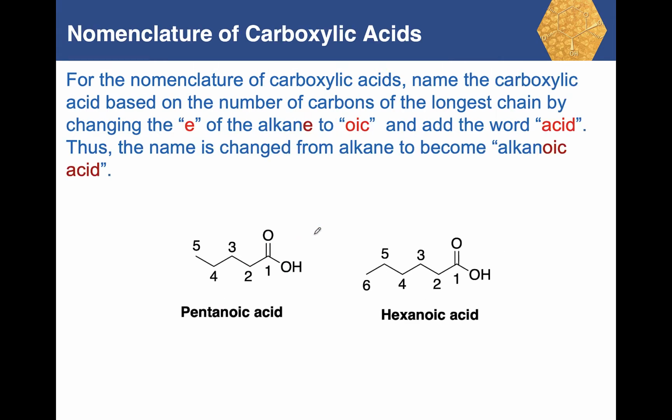So once you have determined how many carbons, that becomes the root alkane name. Once you have identified that, change the E of the alkane to oic and add the word acid. So the word becomes alkanoic acid. In this molecule here, we have 5 carbons.